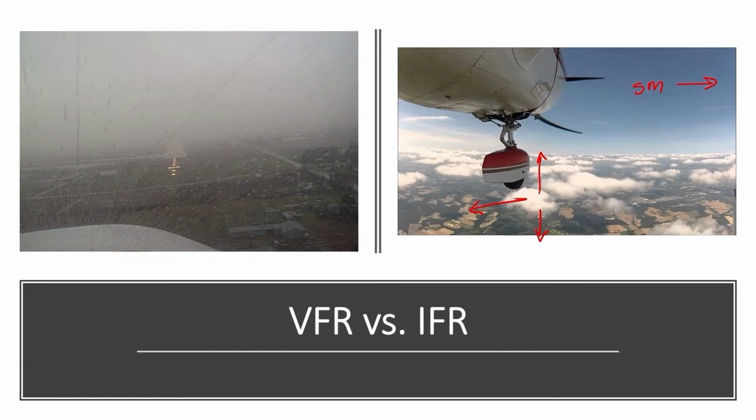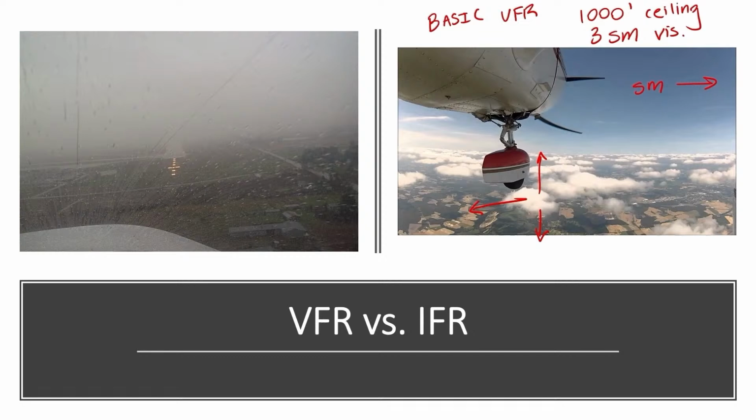We also have something called basic VFR. So basic VFR is the following. It is going to be a 1,000-foot ceiling and 3 statute miles of visibility. Okay. And a ceiling is defined as the lowest layer of the overcast or broken. So there's different types of clouds. It's usually sky clear.